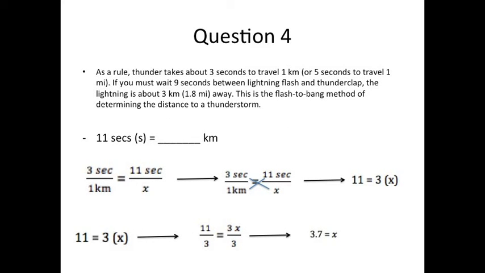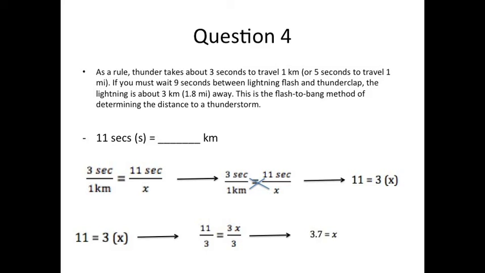Let's take this problem. What is 11 seconds in kilometers away? First, we want to take the conversion, which is 3 seconds per 1 kilometer, as stated in the general rule. And that equals 11 seconds, but we don't know how many kilometers that is away, so we'll put that as x. So you want to cross multiply, so 3 seconds times x, and 11 seconds times 1 kilometer.